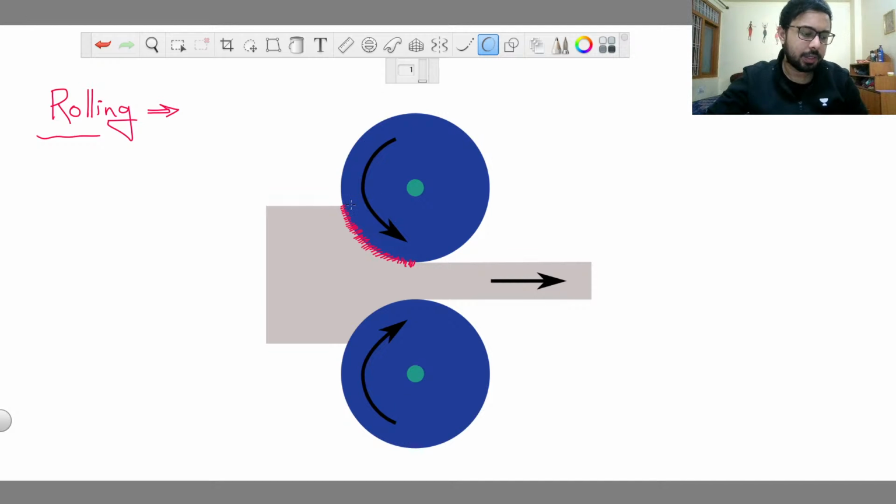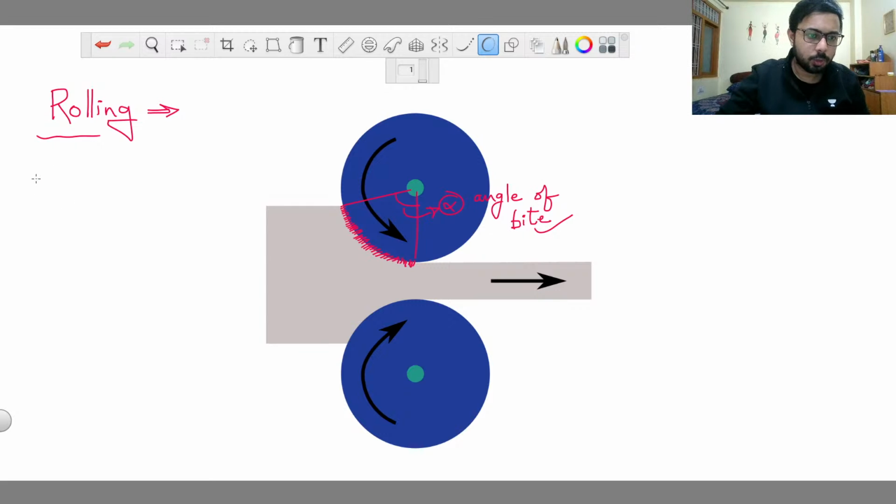This region will make some angle at the center, and let's denote this angle as alpha. This angle is the angle of bite.